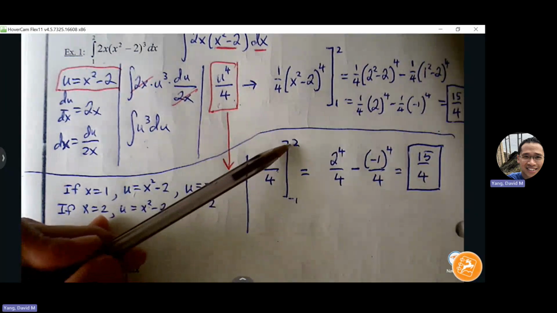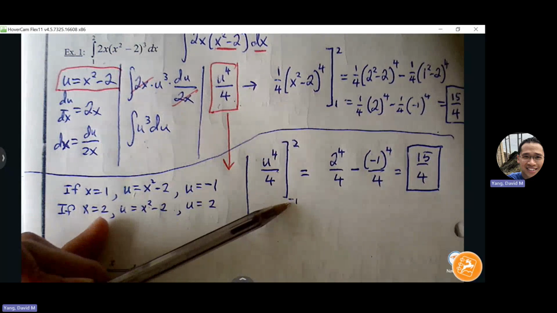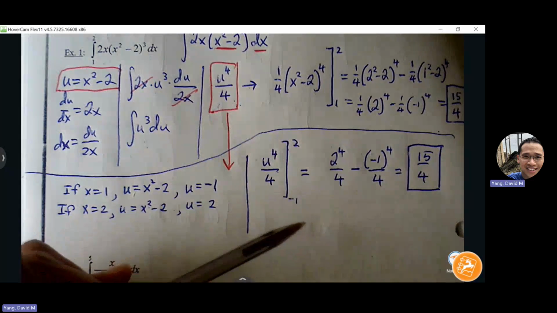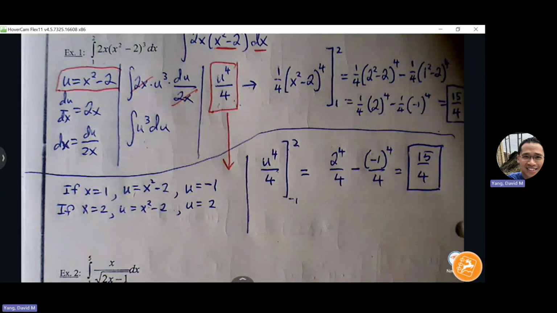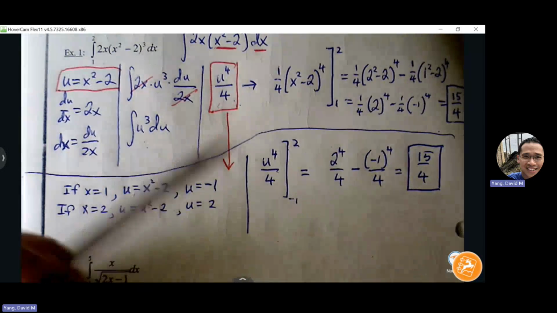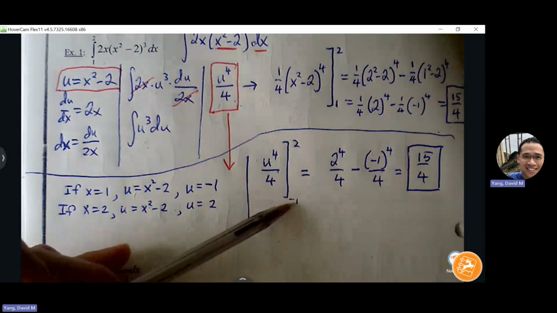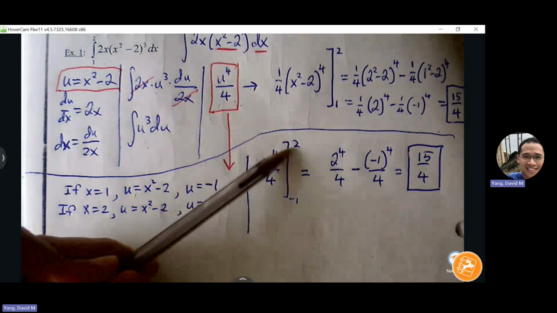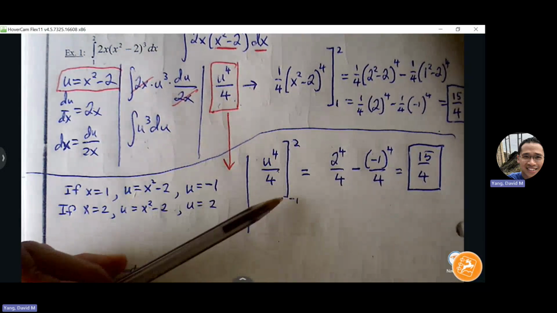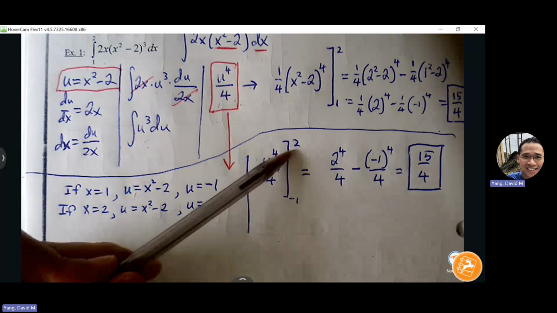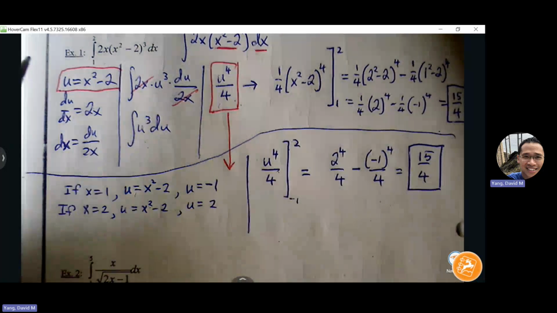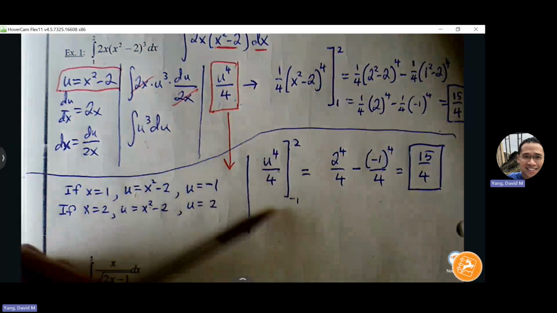If your number ends up being lower up here than down here, just still go through your process. You don't have to worry about making any adjustment. The math will work itself out. You can flip the bounds, but then it feels like you're adding more work than you need to. Just go through the process, and you can still get the answer.